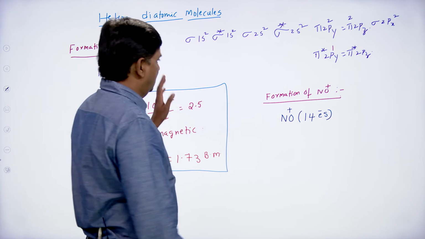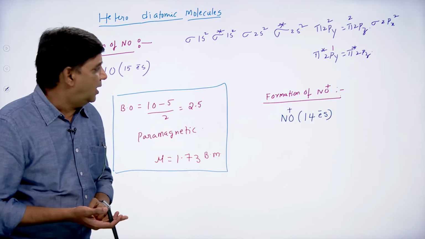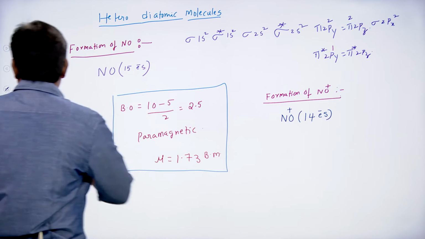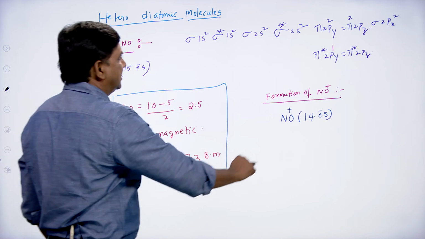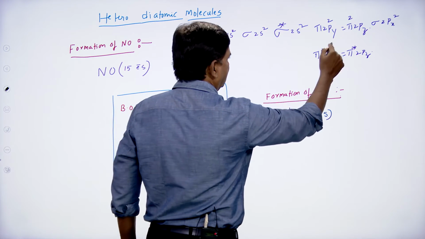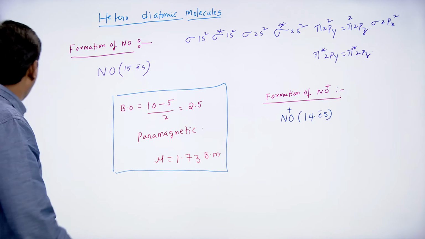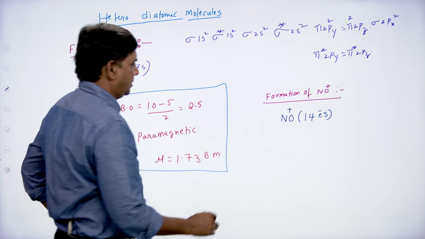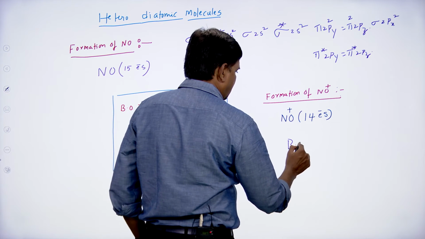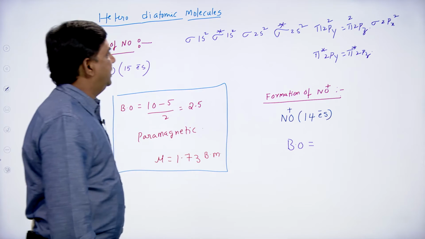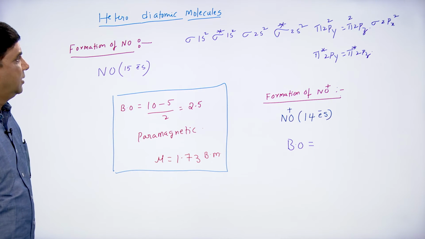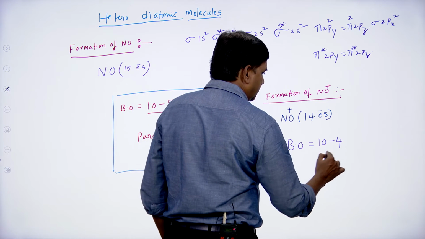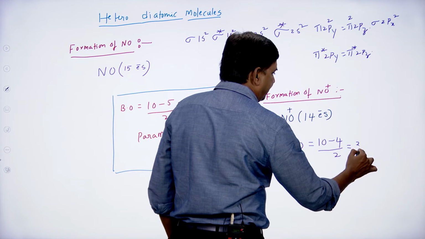Now, students, let us write down the order. Same, 14 electrons means this electron will be lost, and this electron is lost. Now, what would be the bond order? 10 minus 4 by 2 is equal to 3.